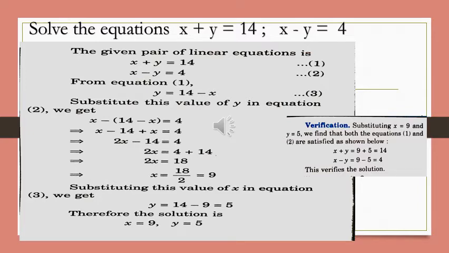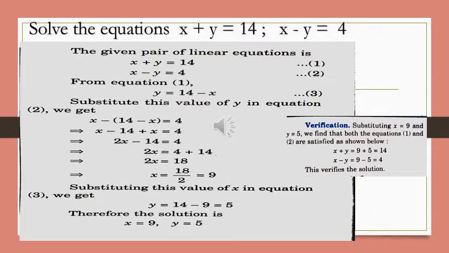Two different equations are there and we are solving them by the substitution method. First write down the two equations like this: equation 1, x plus y equals 14, and equation 2, x minus y equals 4.